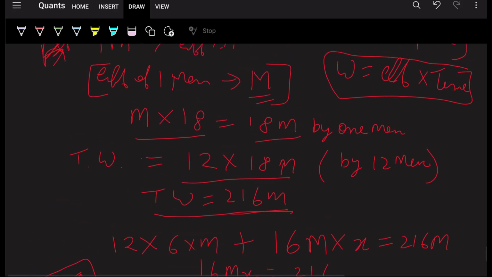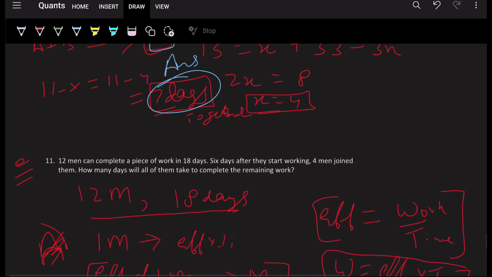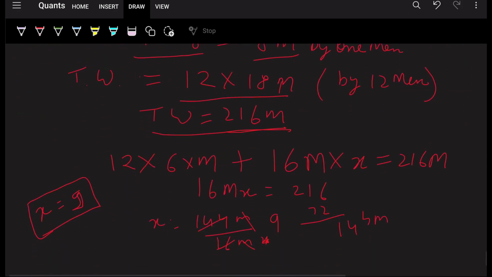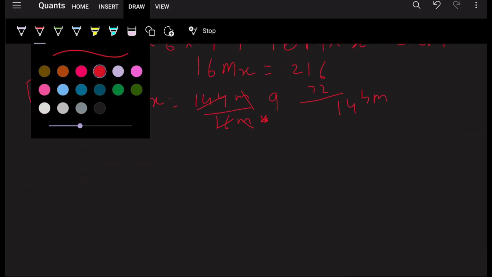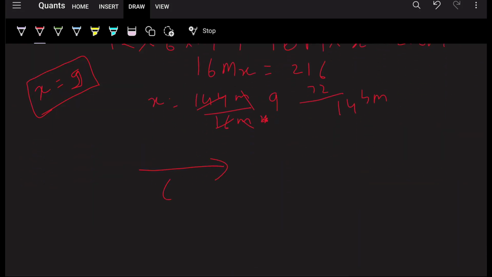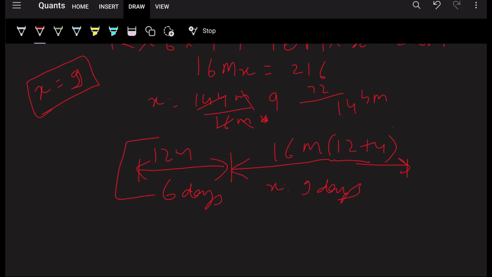This means that these 16 men will work for 9 days together. So the situation is like this: for 6 days 12 men work, and for x is equal to 9 days, 16 men, 12 plus 4.